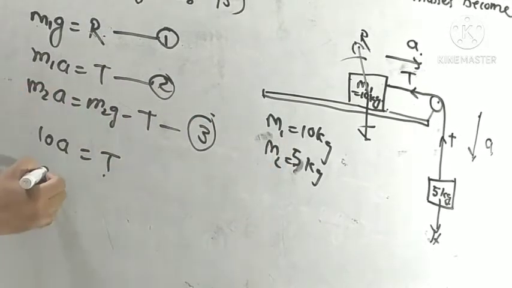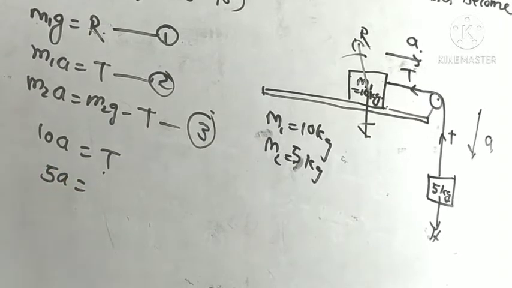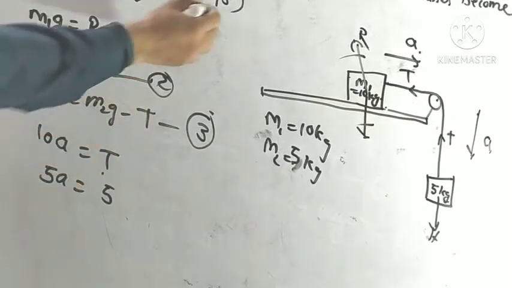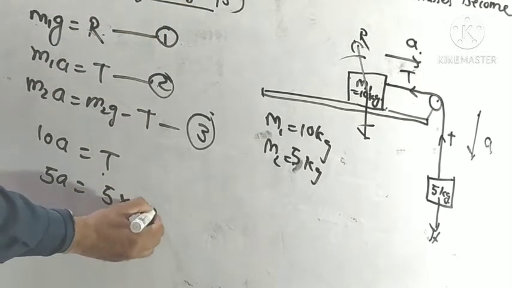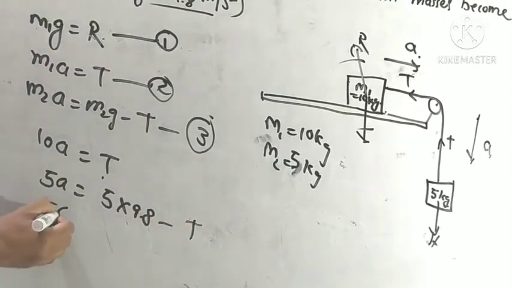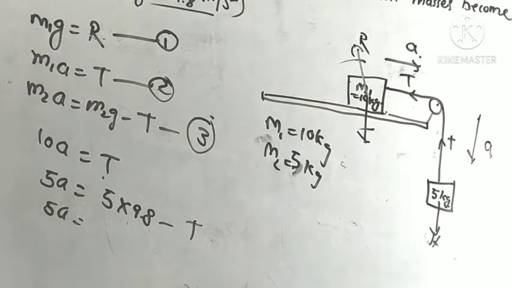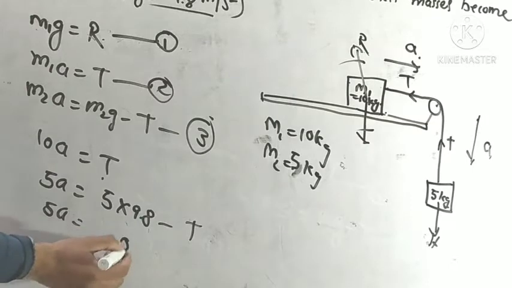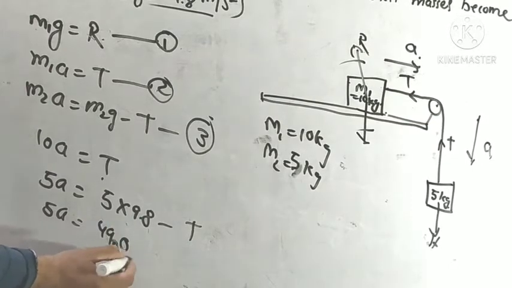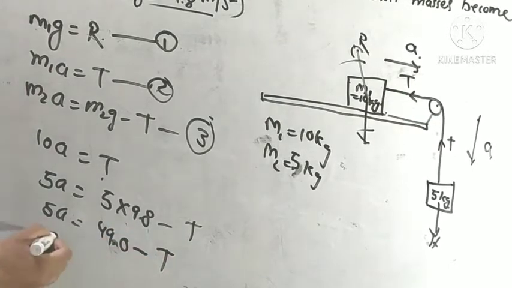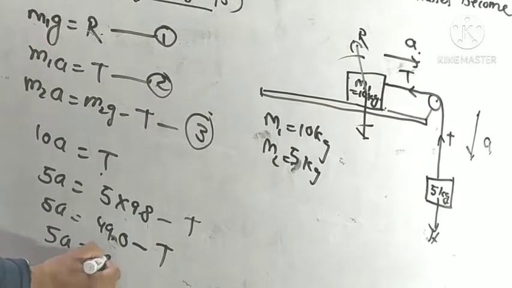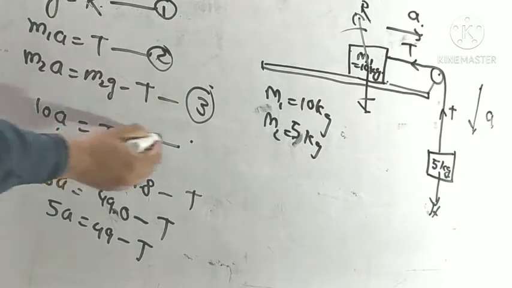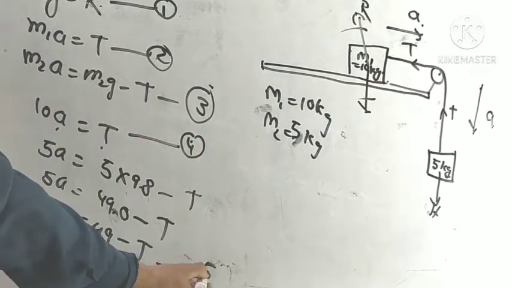We put m2 equal to 5 kg in equation number 3: 5a is equal to 5g, where g is 9.8, so 5a is equal to 49 minus T. We call this equation number 4, and the other is equation number 5.